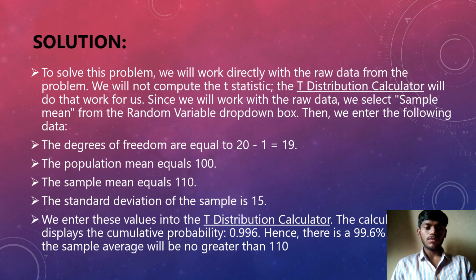The standard deviation of the sample is 15. We enter these values into the t-distribution calculator. The calculator will calculate and display the cumulative probability 0.996. Hence, there is a 99.6% chance that the sample average will be no greater than 110.